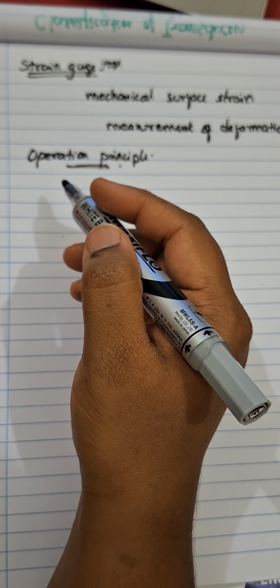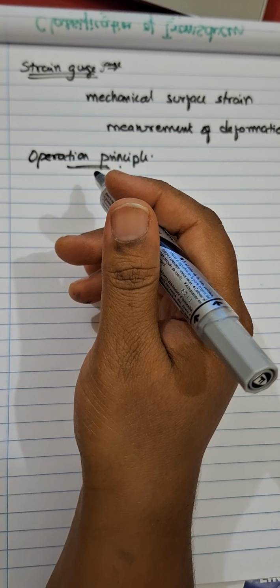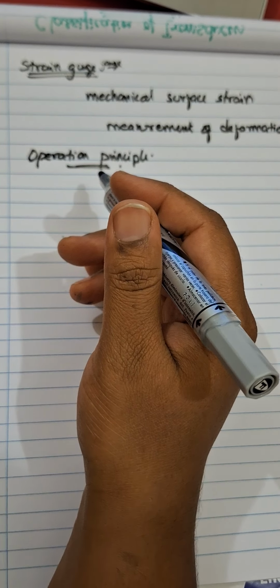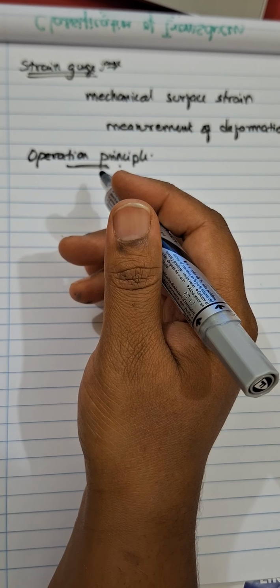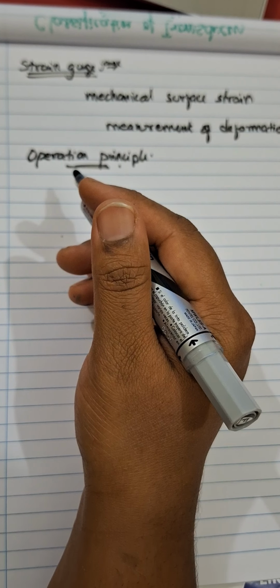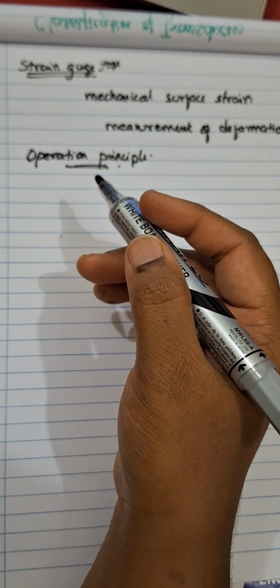When you are compressing them, the wire resistance will change, as a function of the strain: it increases with tension and reduces with compression.